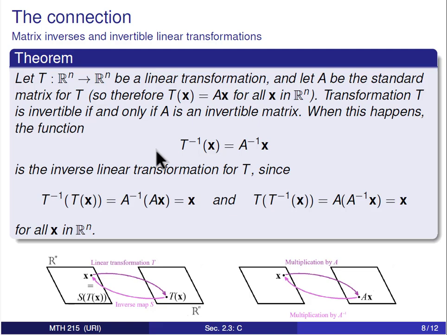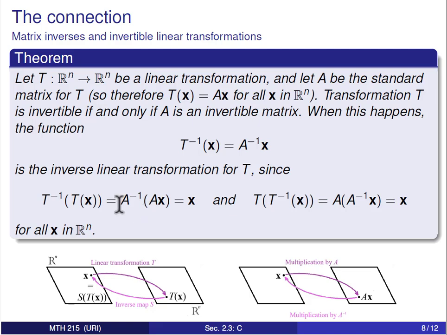Now, when that happens, if A is an invertible matrix, then the function T inverse of x, which we're going to define by taking the inverse of A and multiplying that onto x, whatever that function is, that will be an inverse linear transformation of T. And to see that, what we can do is take T inverse of T. We know that T of x is supposed to be A times x, and so what T inverse of that turns out to be is just A inverse times Ax.